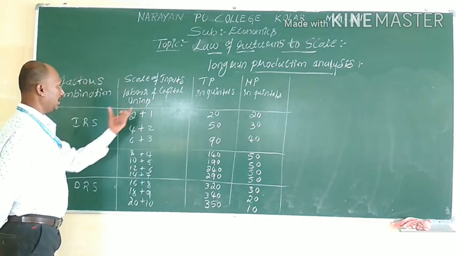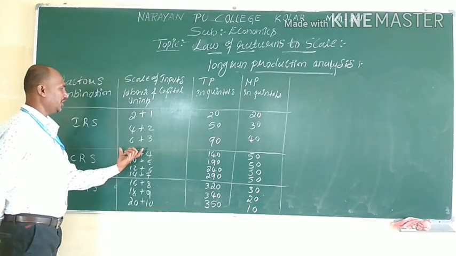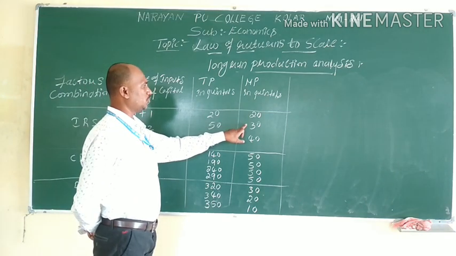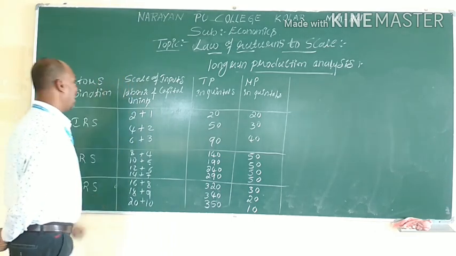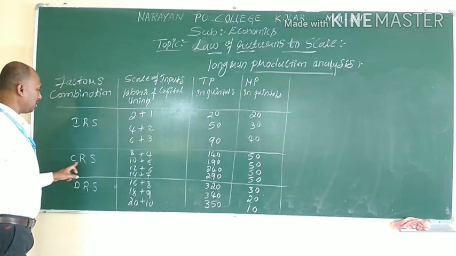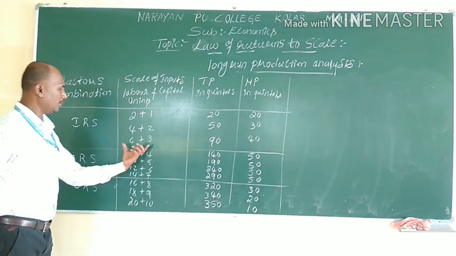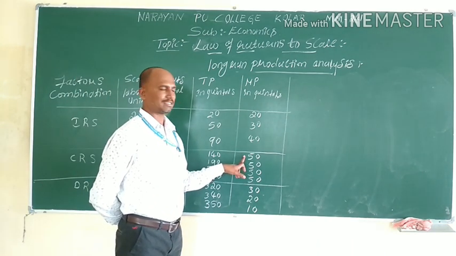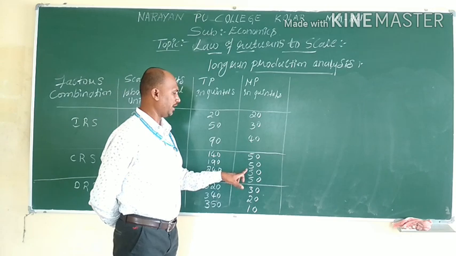That is increasing returns to scale. By increasing the inputs, marginal product increases from 20 to 30, 30 to 40. And then constant returns to scale: even though the inputs increase, the marginal product remains constant, 50, 50, 50, 50.